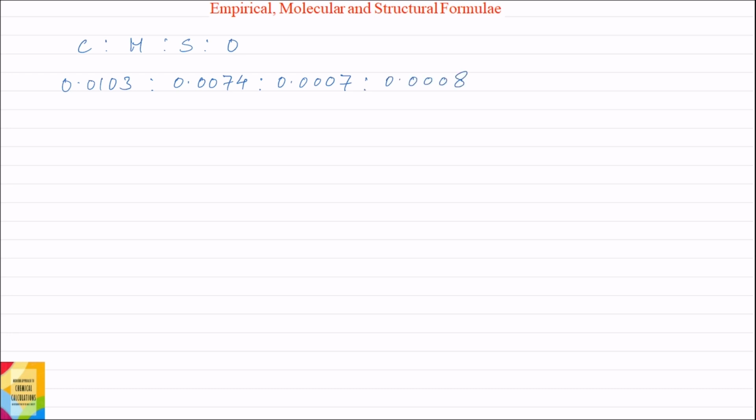Now the least number of moles is of sulfur, that is 0.0007. Dividing all these number of moles by 0.0007, we get the simplest ratio, that is 14 is to 10 is to 1 is to 1, and therefore the empirical formula of the compound will be C14H10SO.